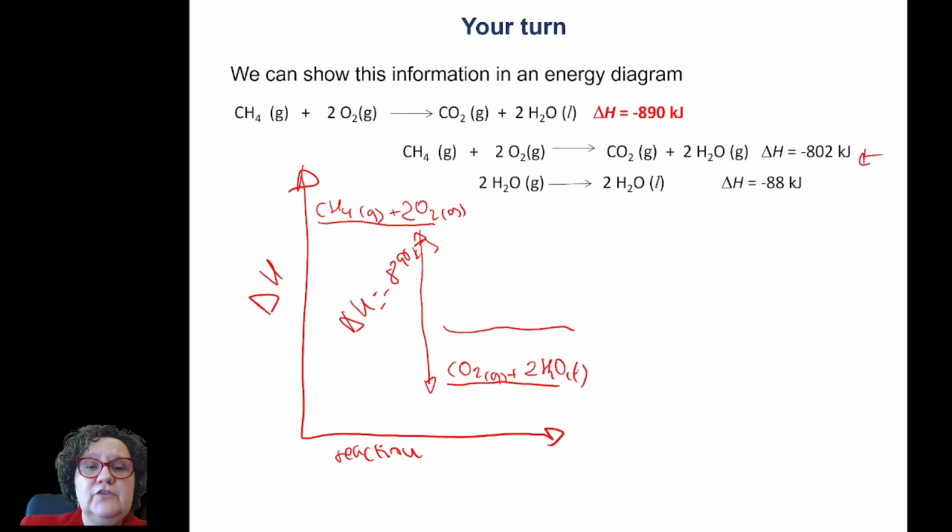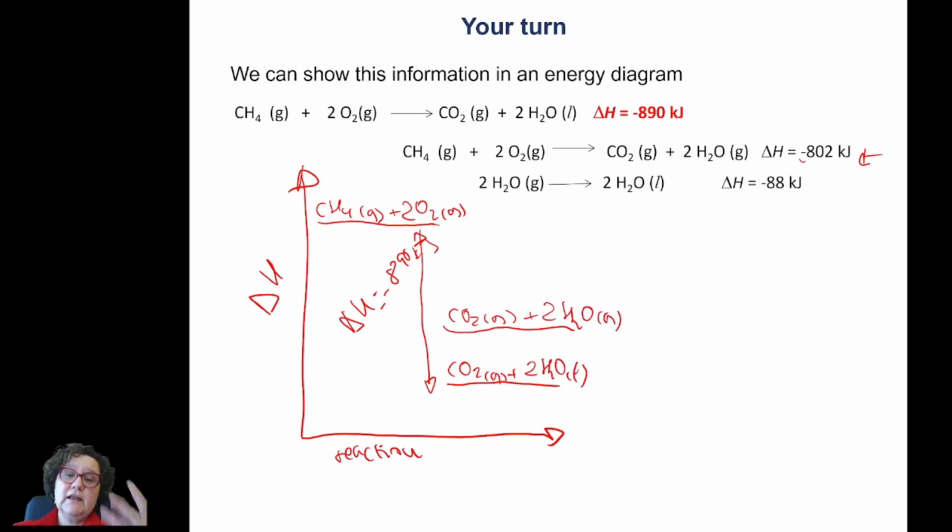So I've got my reagents already written here, and now my products. Again, this minus means the reaction releases energy, so the products are going to be in a lower energy state, CO2 gas and 2 moles of water in gas form. And the next step would be to convert the water in gas form to the water in liquid form, and this is what I would put here.